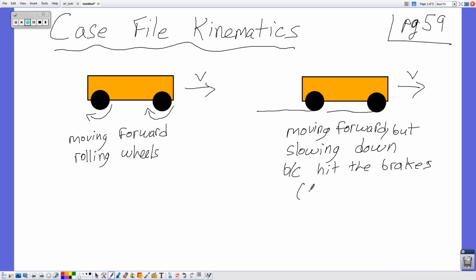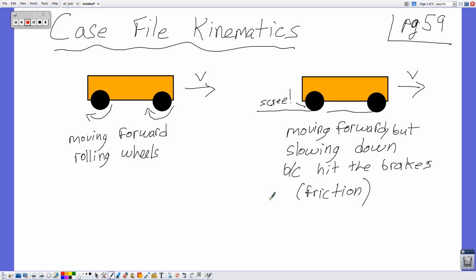Another way of saying this is slowing down due to friction. Here the wheels are moving round and round, moving the car forward. Here the wheels are not moving, but the car is still moving forward, leaving these lovely little skid marks on the ground, making that horrible screeching noise.